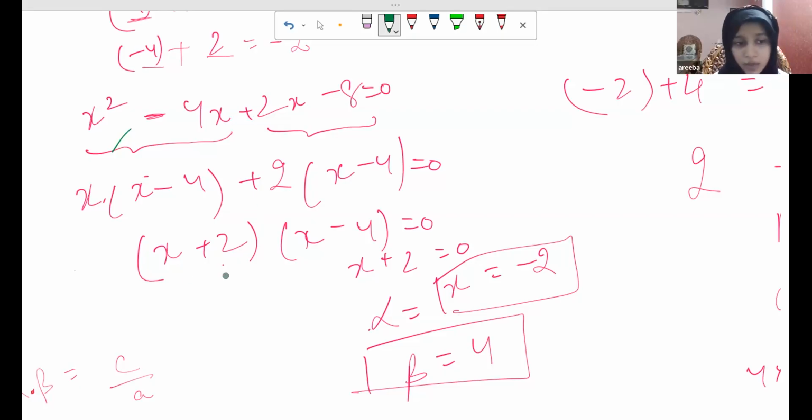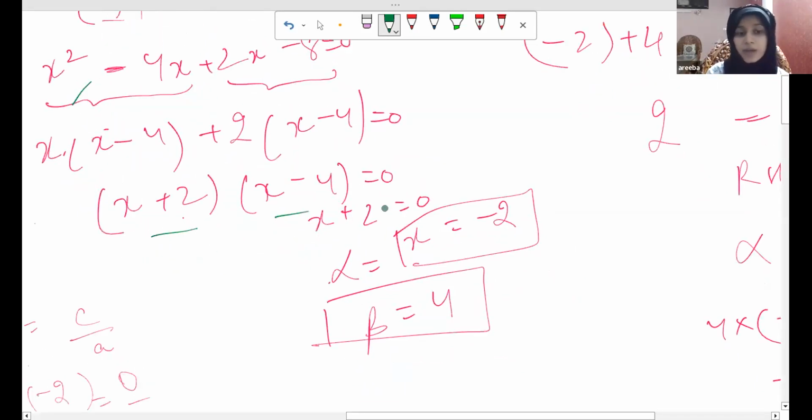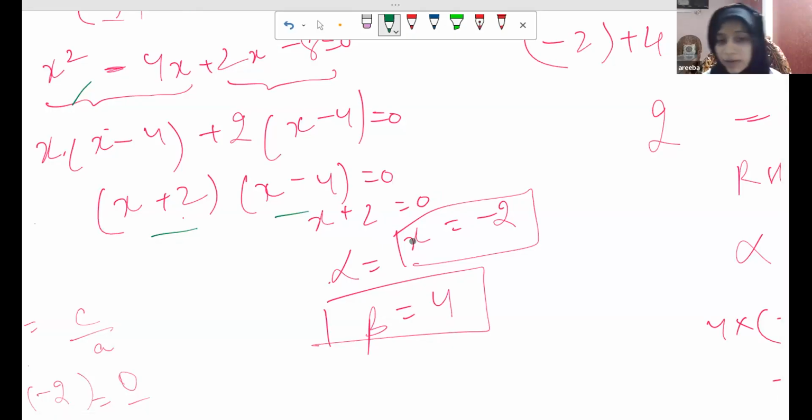Now if we are getting two factors, how are we going to find the zeros? I am simply going to equate them with 0. So one is this: x plus 2 equal to 0. It will give me the value of x as minus 2. And this one, if I equate x minus 4 to 0, then it will give me plus 4, correct?